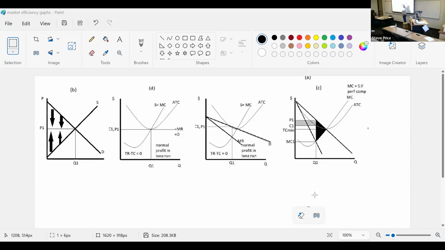Here we see the price is greater than marginal cost. Here we see the price is greater than the minimum of ATC. So we're not achieving allocative efficiency. We're not achieving productive efficiency. We're not maximizing our consumer and producer surplus. So we're missing all those efficiencies, but what are we getting as consumers?